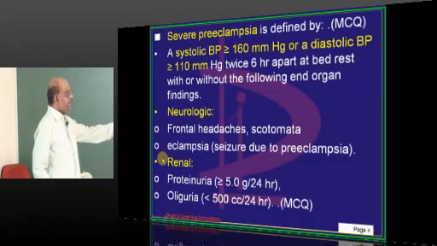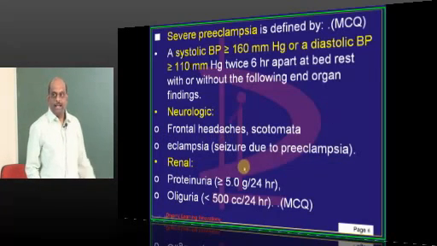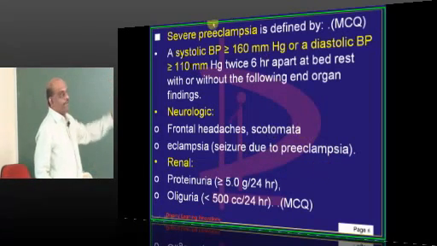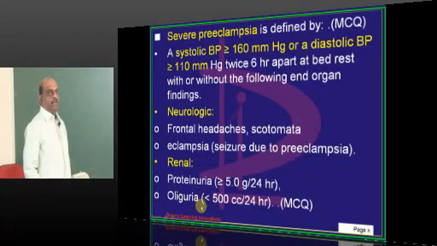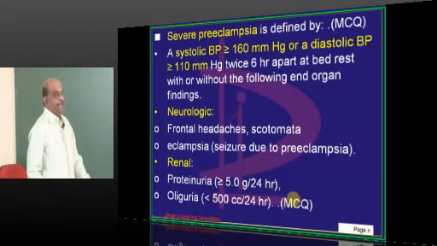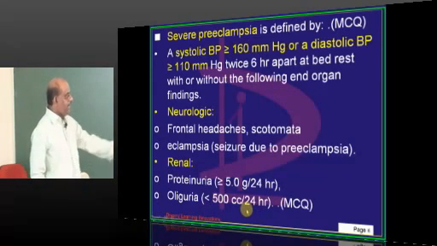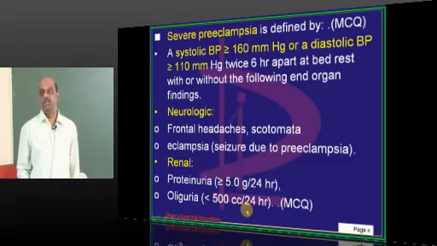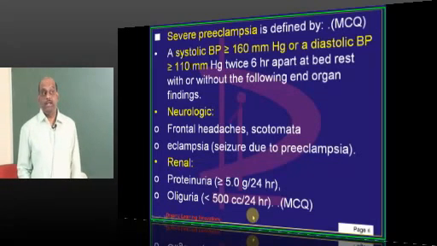If the patient is having eclampsia or a frontal headache or scotomas, eclampsia means presence of seizures due to preeclampsia, then that qualifies to be called severe preeclampsia. Renal, if there is proteinuria more than 5 grams per 24 hours, or oliguria with less than 200 cc per 24 hours, if these are the associated findings, that qualifies to be called severe preeclampsia.